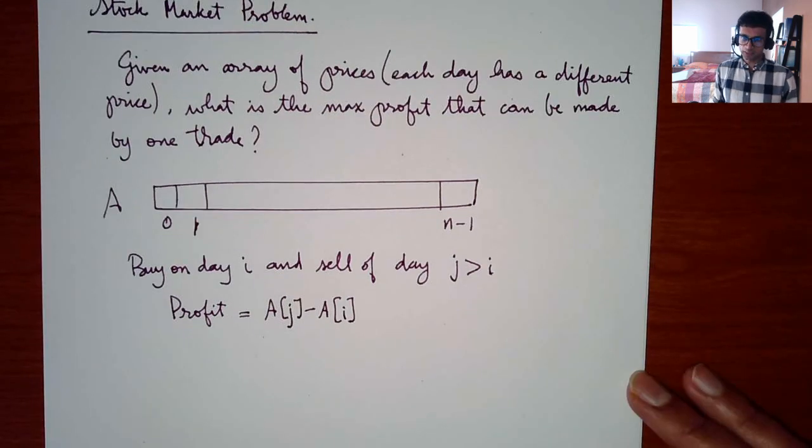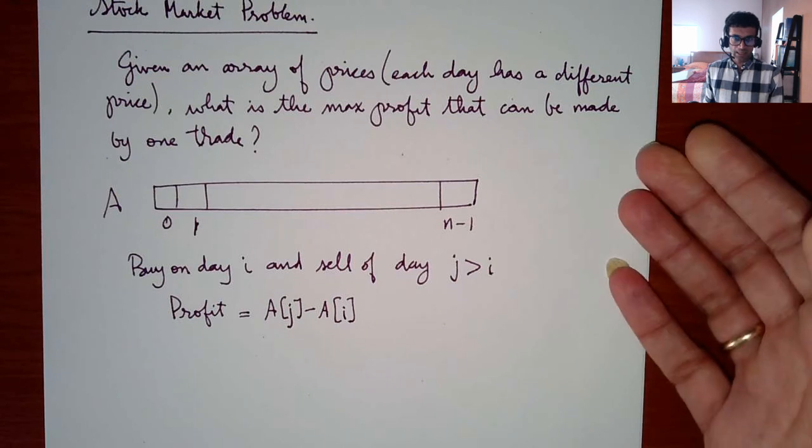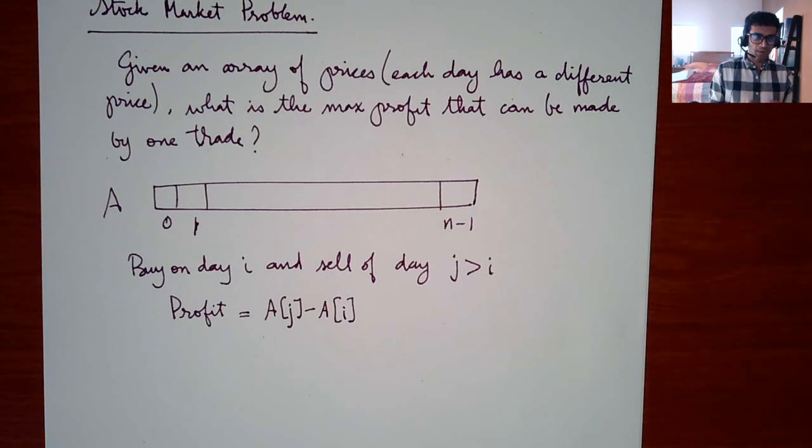The reason I'm describing this stock market situation is to tell you that sometimes a problem is stated in terms of English, and you have to convert it into a more mathematical computer science language.